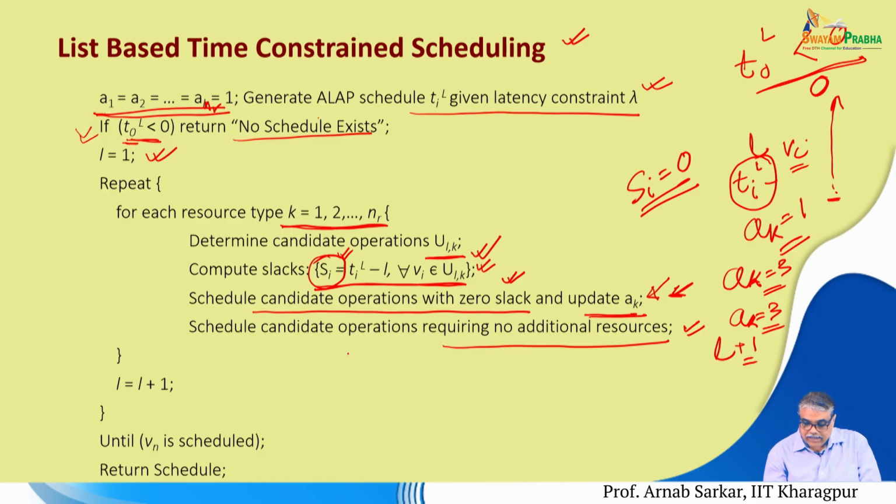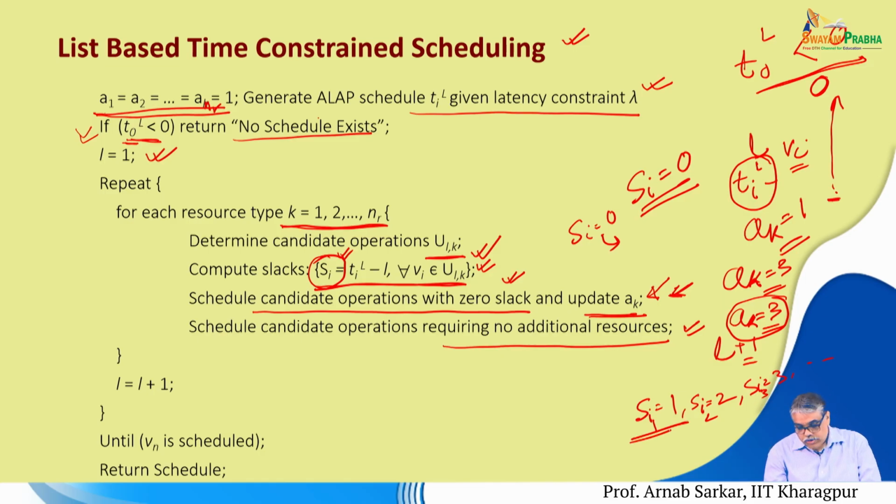For example, currently at L plus 1, if you have AK equal to 3 resources and only one operation having Si equal to 0, then sorting from lowest to highest, you have another operation having Si equal to 1 and another having Si equal to 2, and let us say 3 more operations having Si equal to 3 or higher.